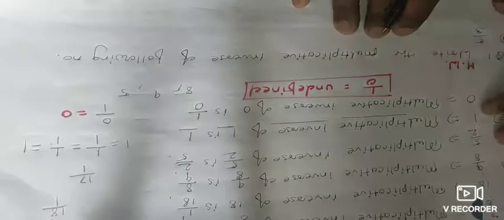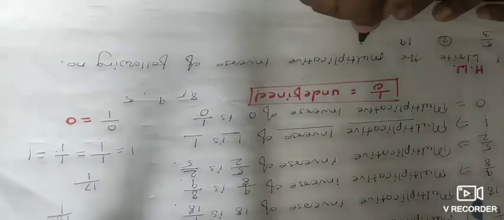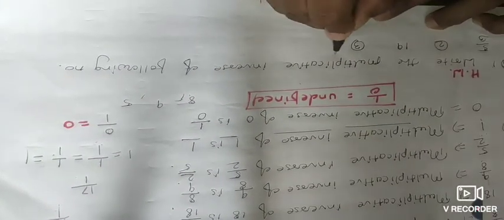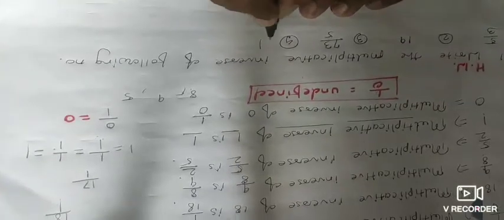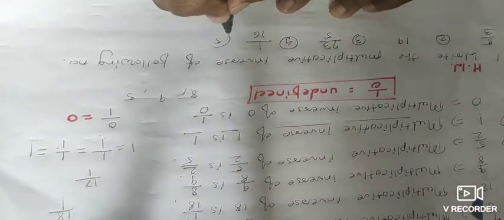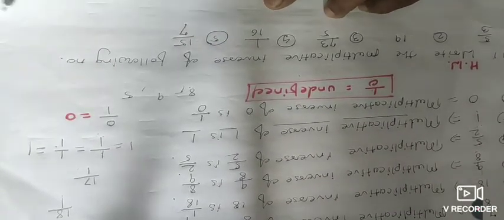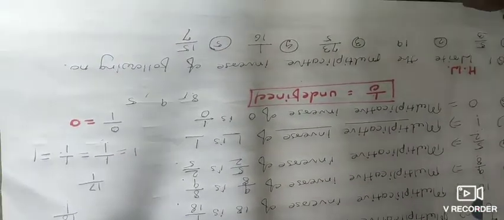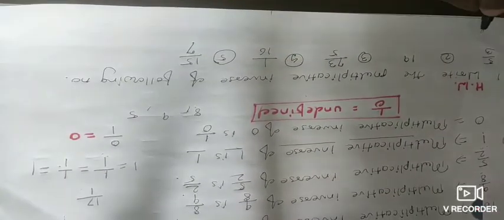First example is 5 upon 3. Second, 19. Third, write the multiplicative inverse of 73 upon 5. Then write the multiplicative inverse of 1 upon 16. Fifth example, the multiplicative inverse of 15 upon 7. Then the multiplicative inverse of 8 upon 5.